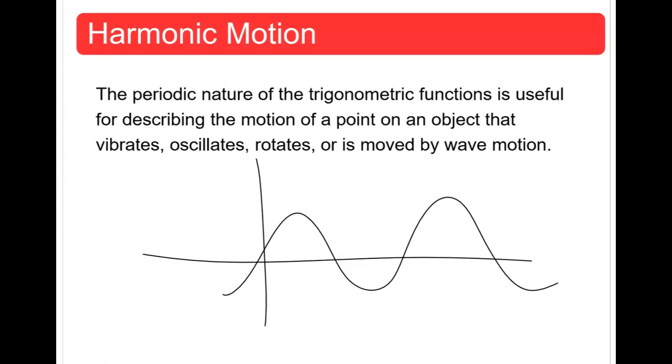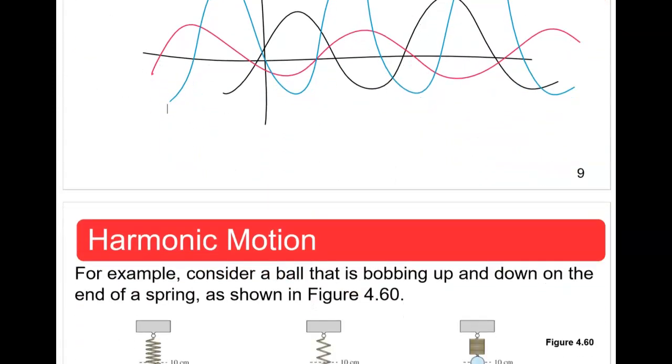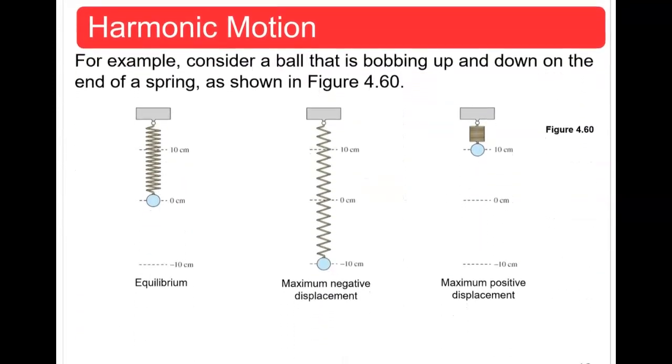And of course, those could change the period, or the amplitude might be different. And so we're going to introduce two new words, frequency, and the other one, I forgot what it was, but we'll see it.